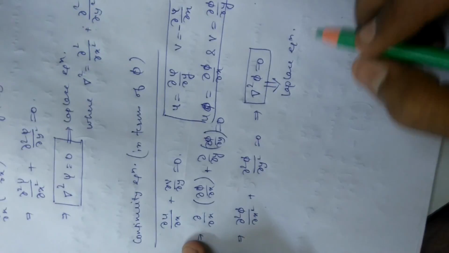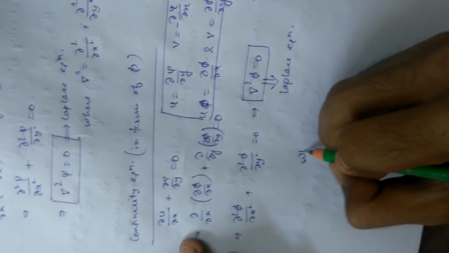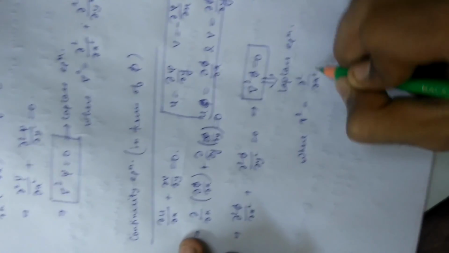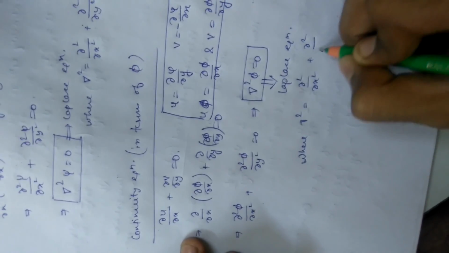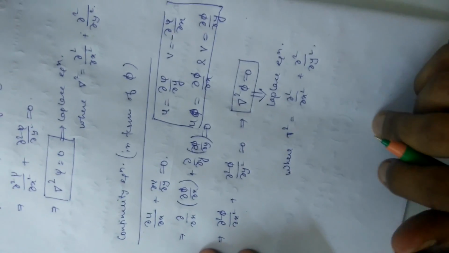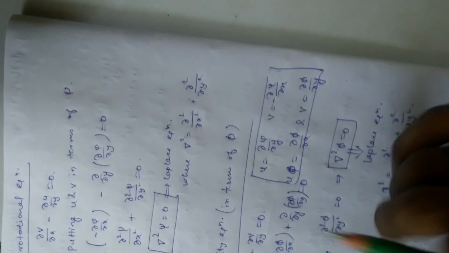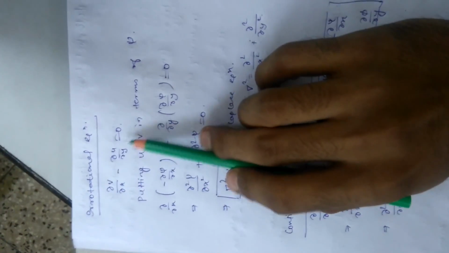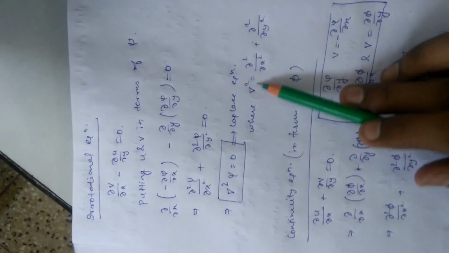This satisfies the Laplace equation where del square equals del square by del x square plus del square by del y square. So we can see that if we put u and v in terms of psi in the irrotational condition, we will get the Laplace equation.